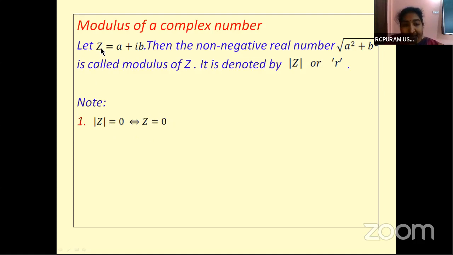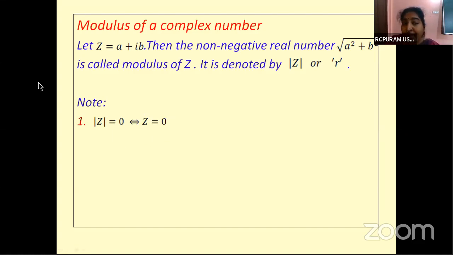Now, if z is equal to 0, that means you have a as 0, b also as 0, isn't it? 0 plus 0i. 0 square plus 0 square under root is 0 only. That means when the complex number is 0, then its modulus is also 0.